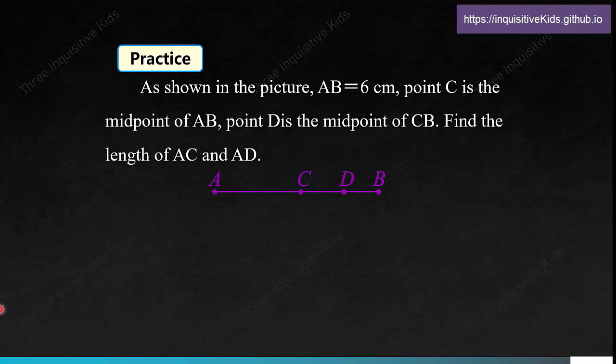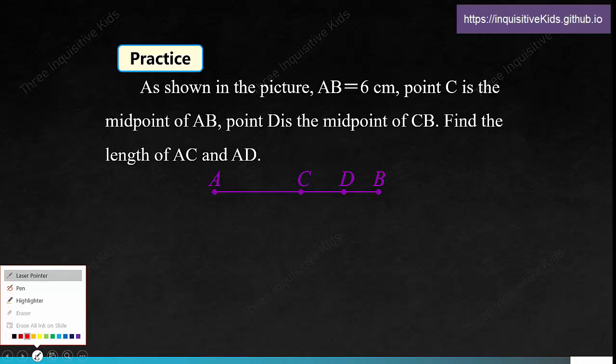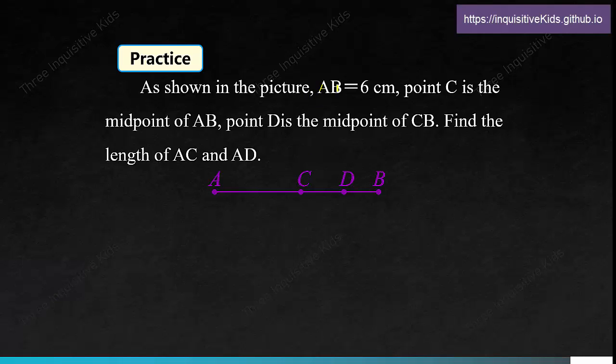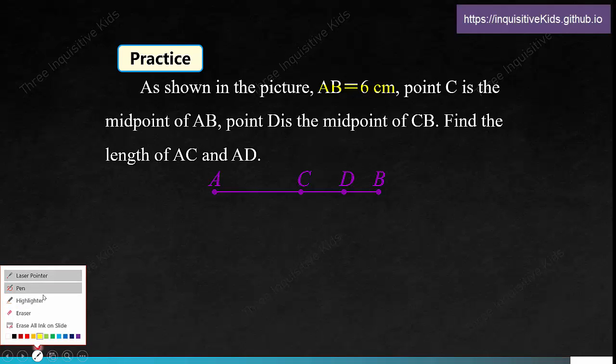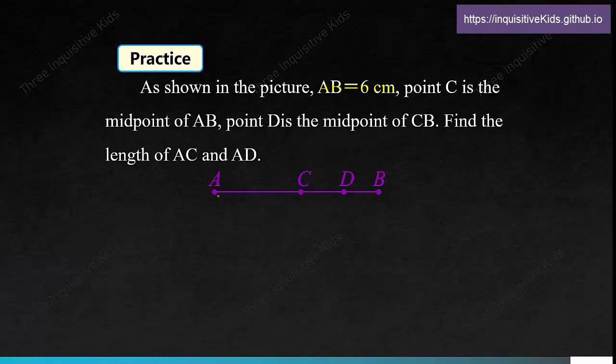Okay, so let's review the problem and go over what we know. So we know that AB is equal to 6 centimeters. I'll write 6 centimeters over here. And C is the midpoint of AB. And point D is the midpoint of CB.